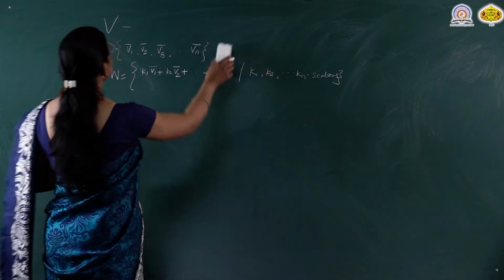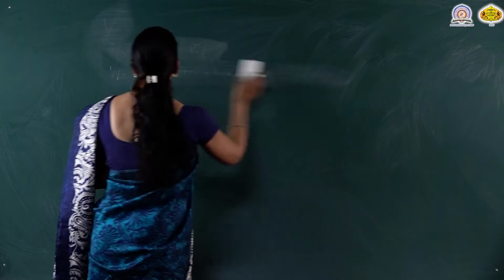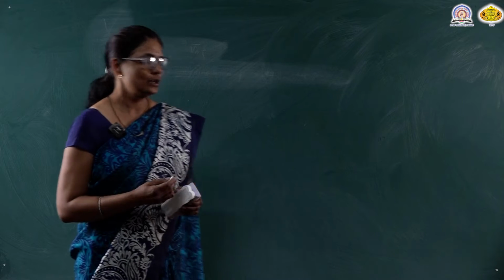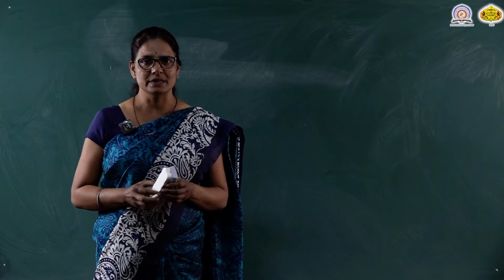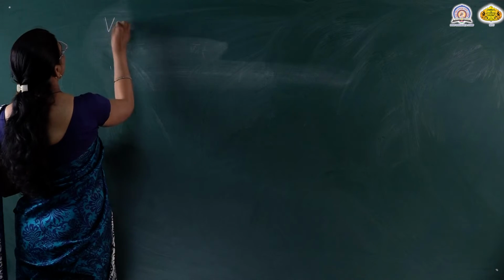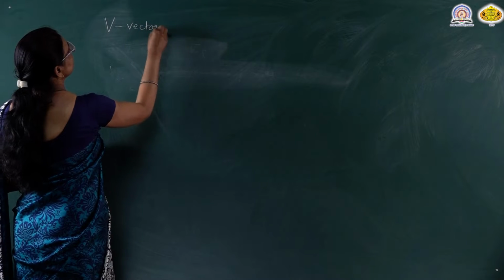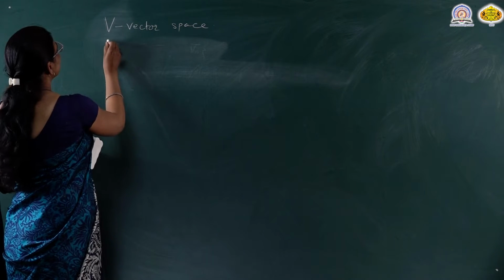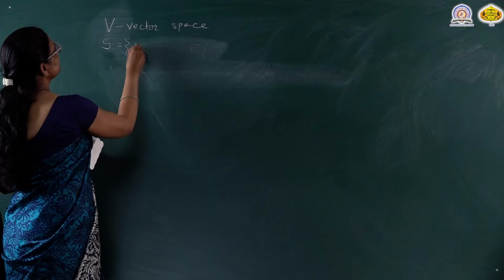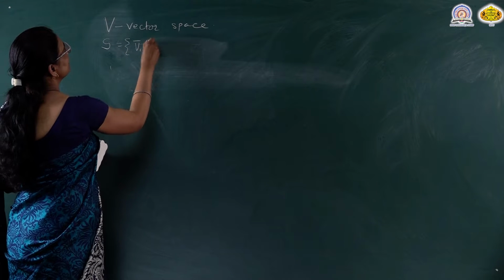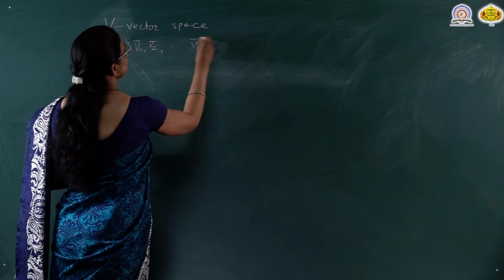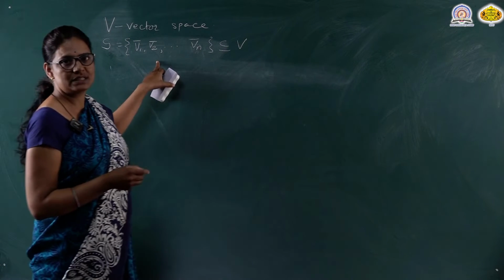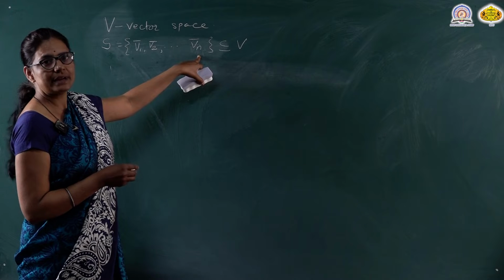So let us first see the definition of span of a given set or the given vectors. First we consider V a vector space. Let S contain these vectors V1 bar, V2 bar up to say Vn bar. So it is a subset of V. Obviously it is a non-empty subset of V containing these n vectors.